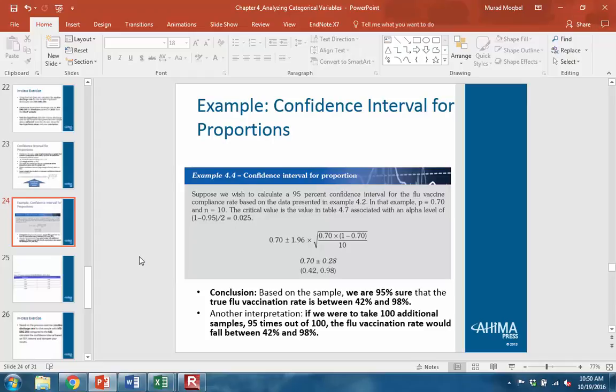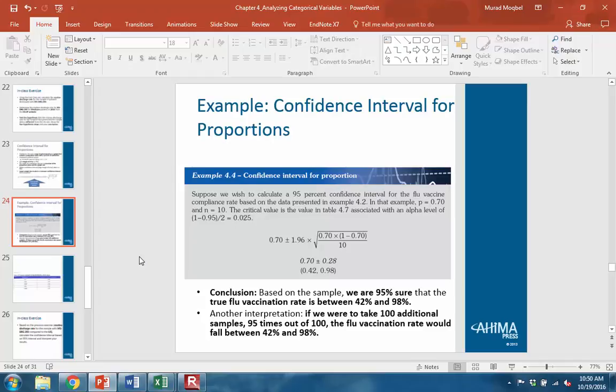Now let's look at the example that we covered in Monday's lecture. On Monday we said there is a company whose goal for flu shot vaccination compliance is 85%. That's their standard proportion or rate.